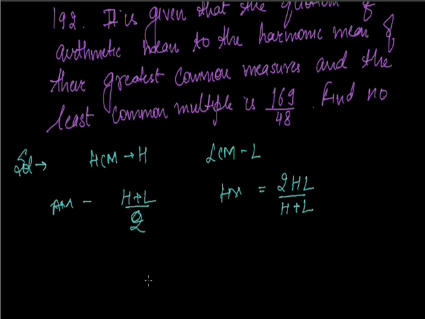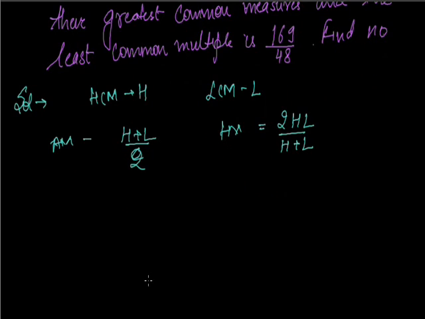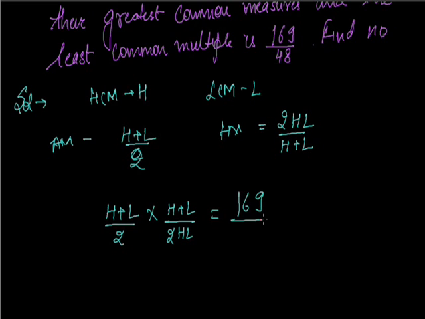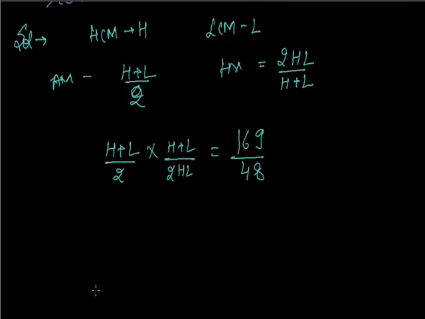It is given that the quotient of the arithmetic mean to the harmonic mean. Since we have to divide this, the quotient of the arithmetic mean to the harmonic mean will be (H plus L) by 2 into (H plus L) upon 2HL, and it is given that it is equal to 169 upon 48. Now let us solve this equation.